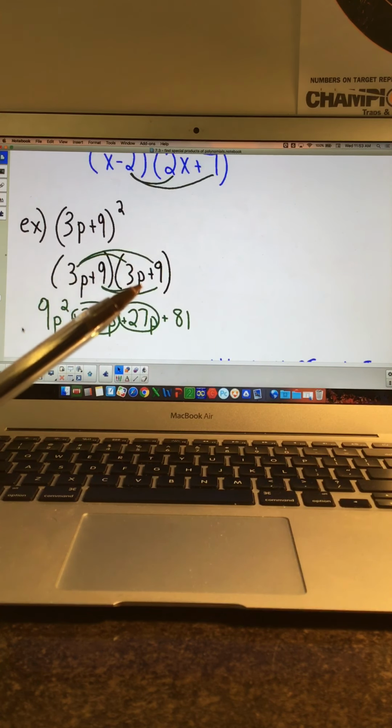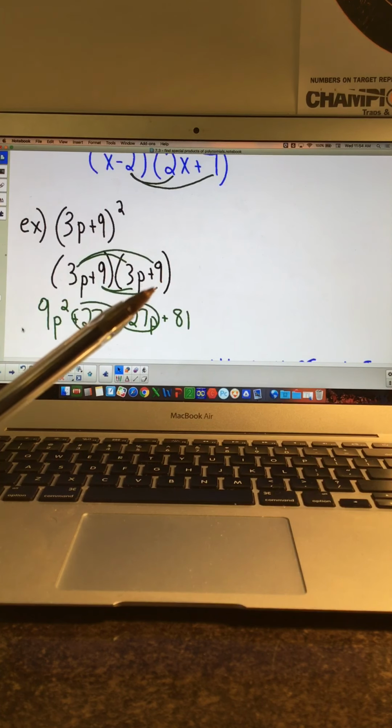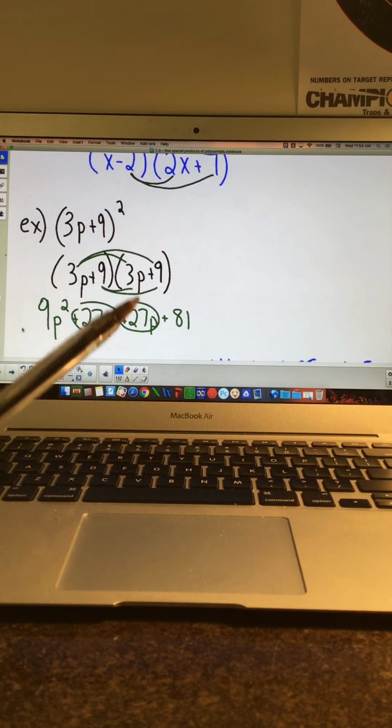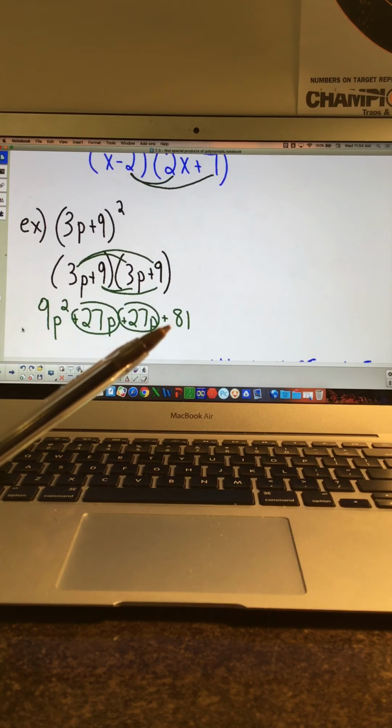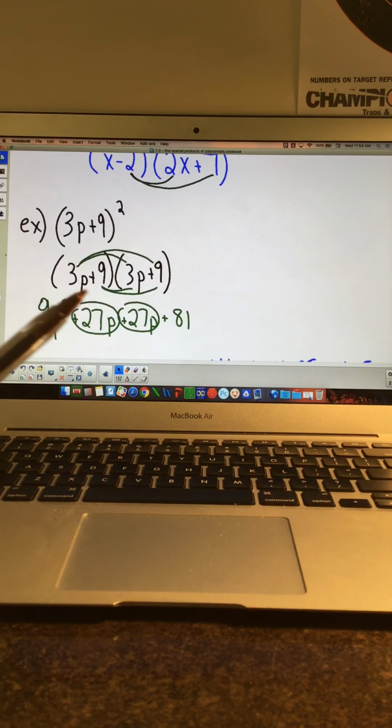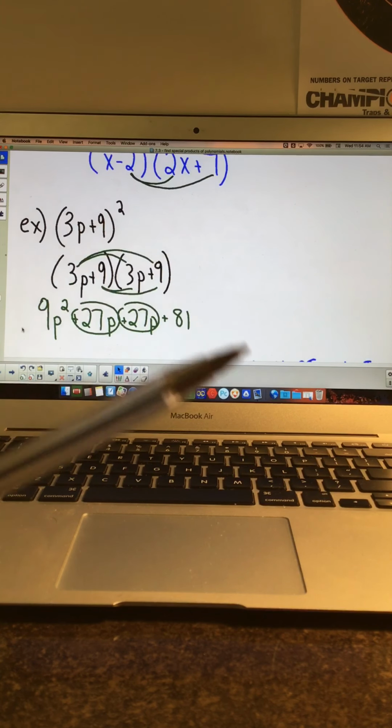This is what we would get when we multiply it. The 3p times 3p is 9p squared. 3p times 9 is 27p. 9 times 3p is 27p, plus 81. Now remember, on the majority of your homework assignments, you need to have these steps written. You cannot go from this to the final answer.